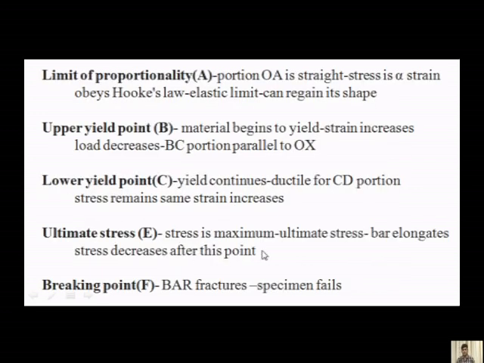Stress is maximum at this point. It is also known as ultimate stress, and the bar or the mild steel elongates.